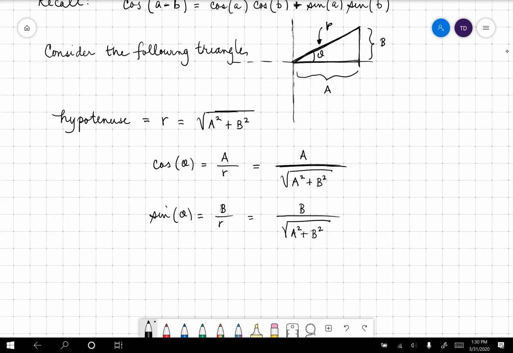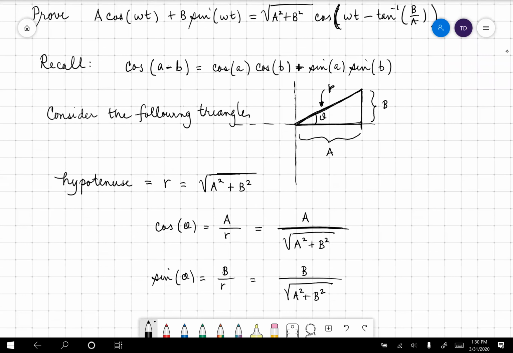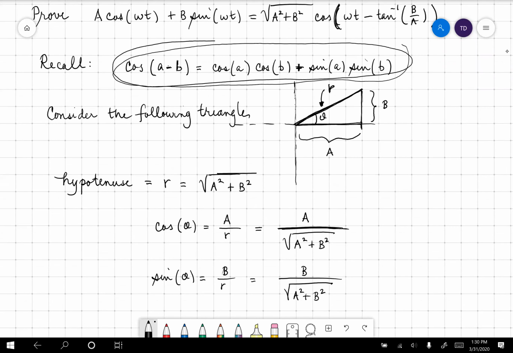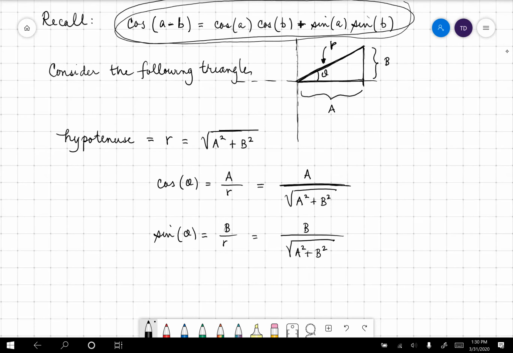So I've got the values for both the sine and the cosine of theta. Okay? So now what? Well, what happens if we go back to this equation here? I want to look at that equation, and I'm going to substitute in there for my cosine of theta and my sine of theta. So I'm going to copy this down.